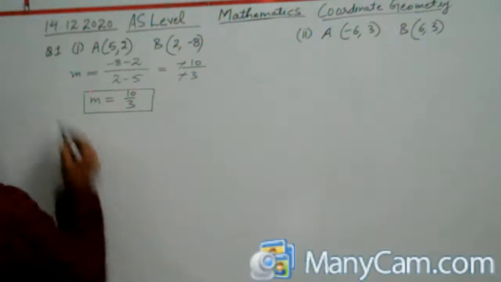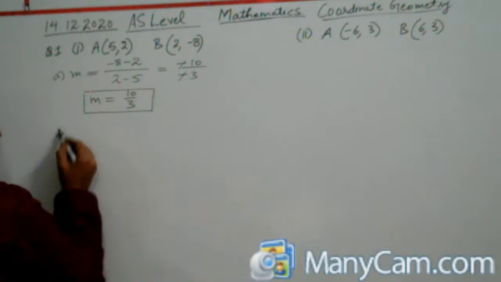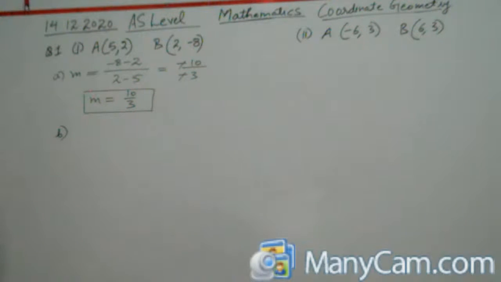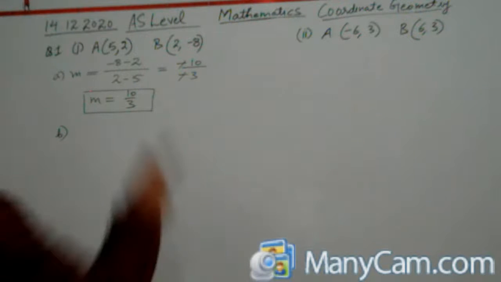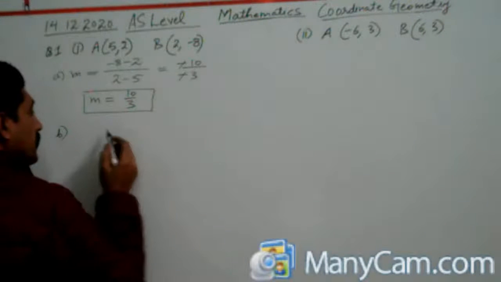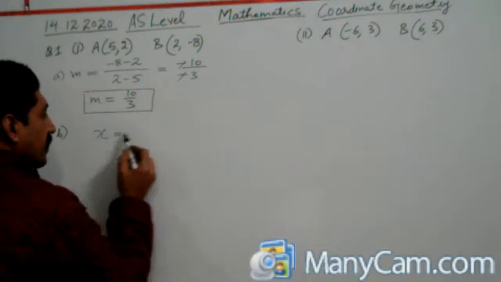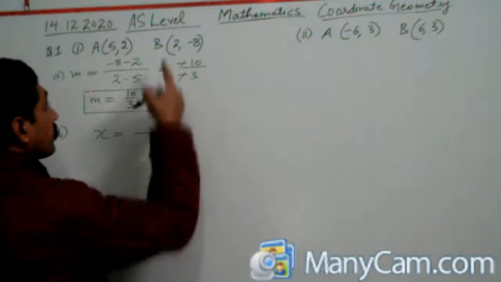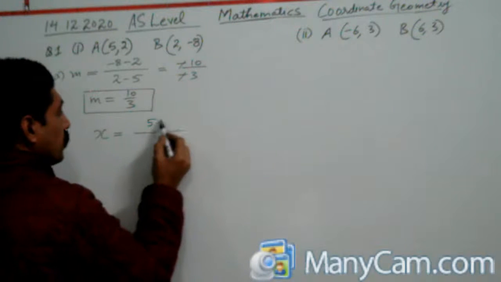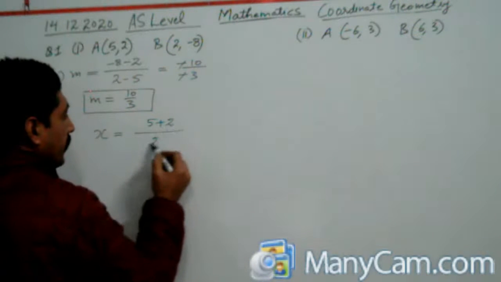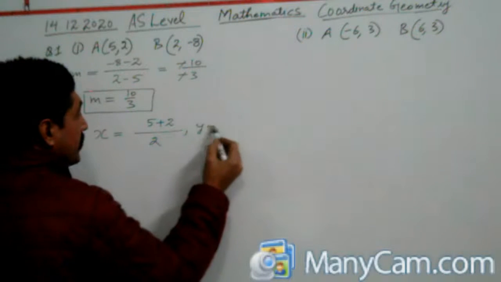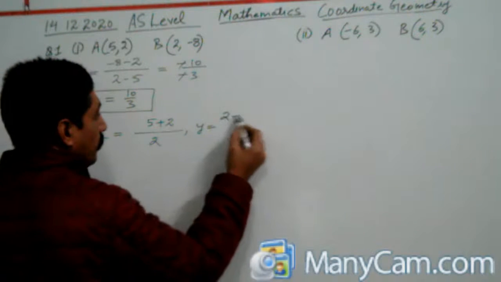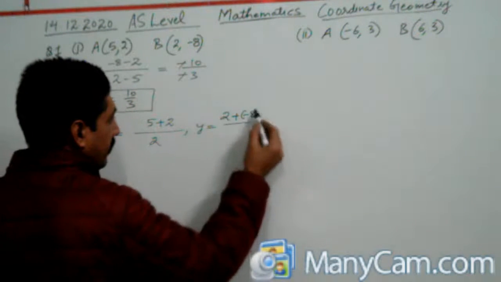Next is the B part. We want to find the midpoint of the line segment joining AB. So midpoint x is equal to 5 plus 2 divided by 2, and y is equal to 2 plus minus of 8 divided by 2.